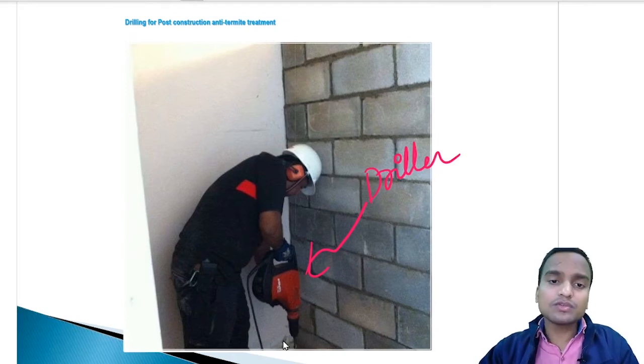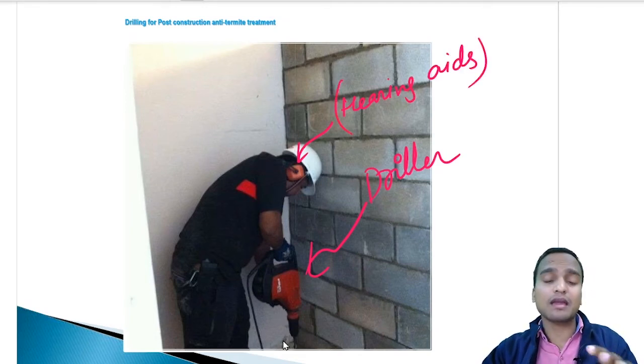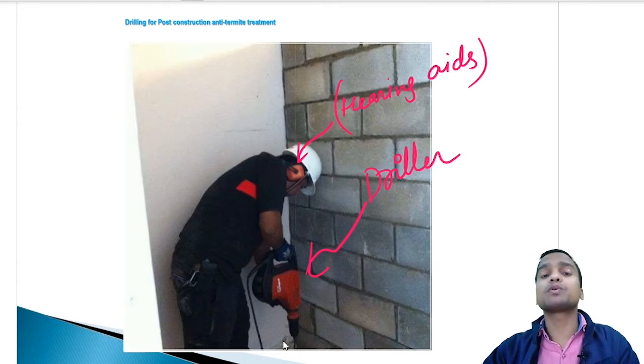He is also using a hearing aid here for the protection of ears, because drilling machines or pneumatic hammer-like machines produce a lot of noise. So you have to use proper gear. You see the helmet being used by this worker, and the gloves being used in his hands.